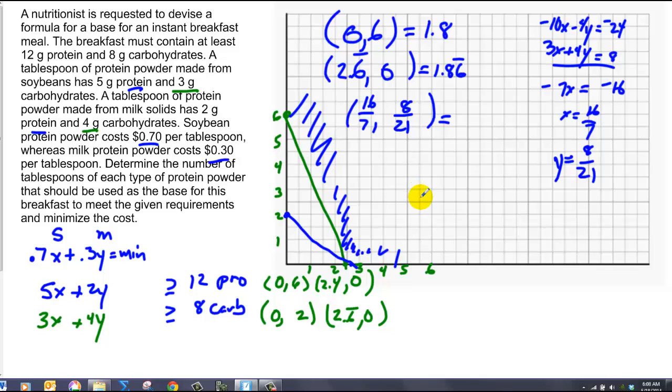And in the third equation, I end up with 1.71. So here's my minimum value, $1.71, and I'm supposed to use 16/7 of the soy and 8/21 of the milk.